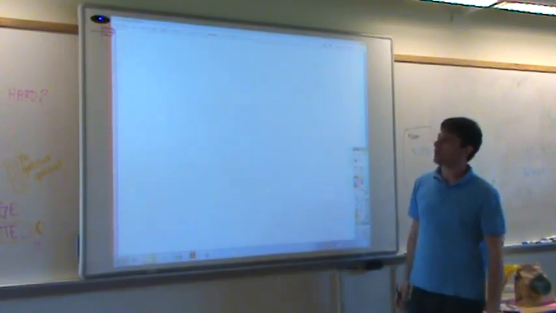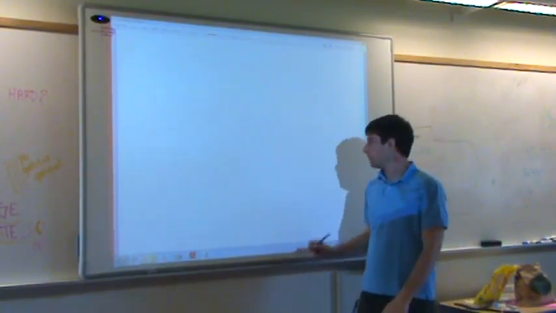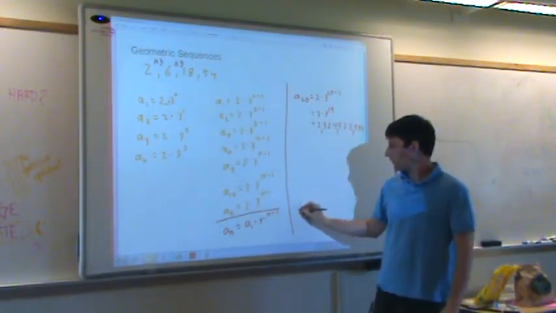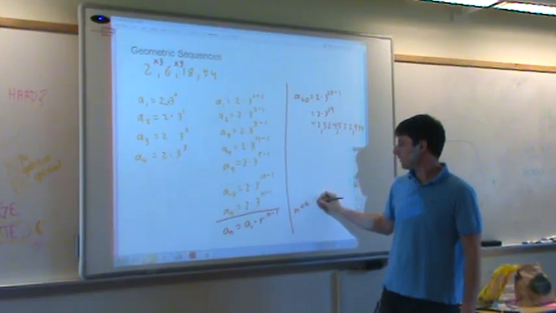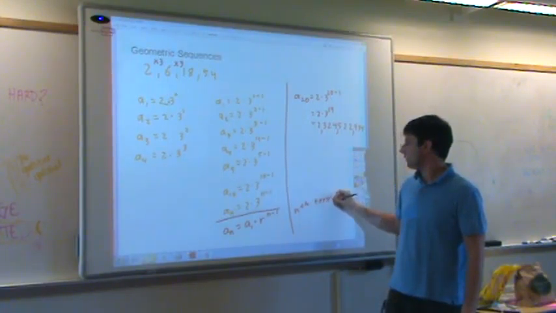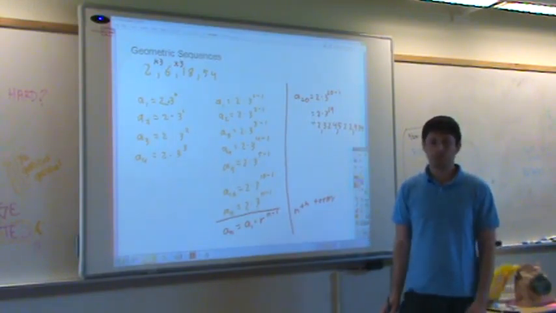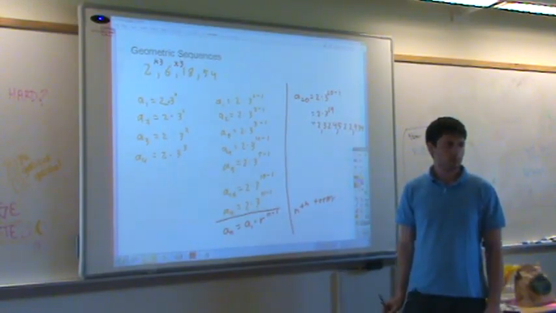Okay. Let's review that real quick. This is the formula for the nth term. This says nothing about adding them up. This just says if I want the nth term, I have to do it. On the test, will you label whether it's a geometric or arithmetic sequence?